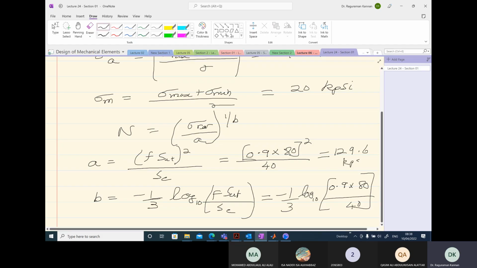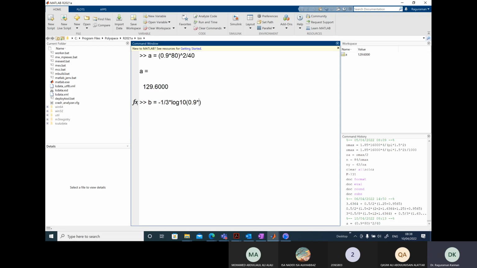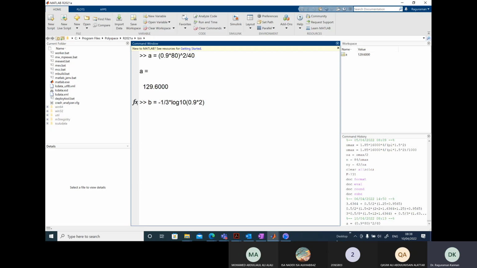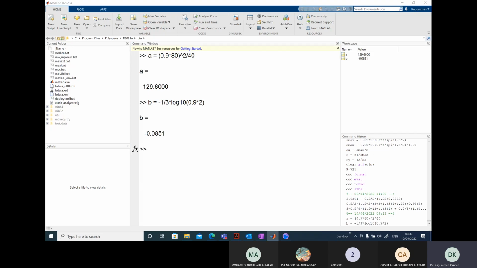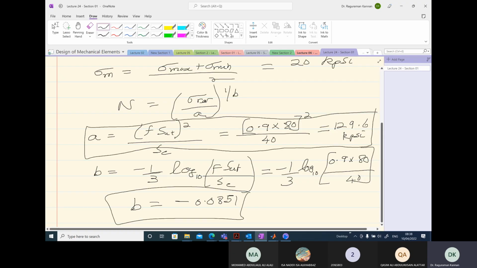So A will definitely be in kpsi, and we can write the b value as minus 1 over 3 log base 10 of 0.9 times 2, because we have 80 over 40, that is 2, which gives minus 0.0851. b doesn't have any unit, so let's just put it in the brackets.